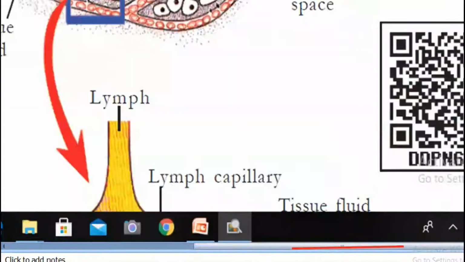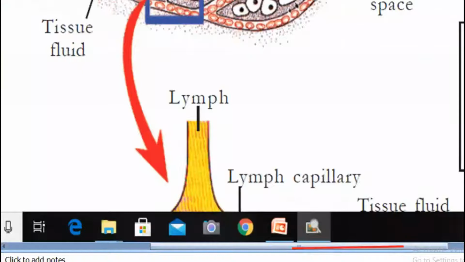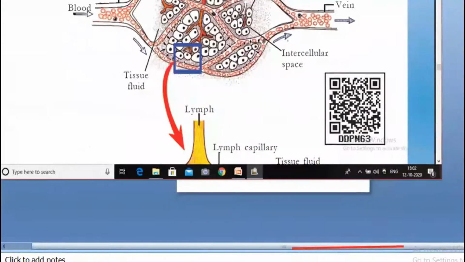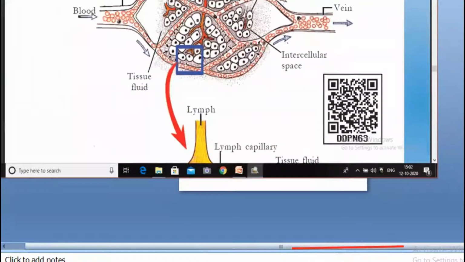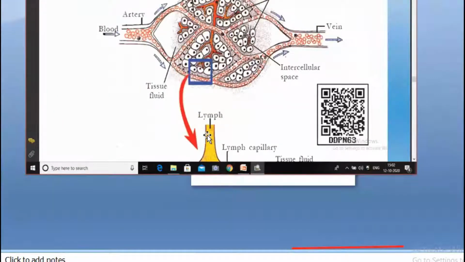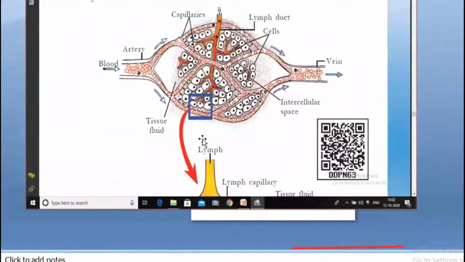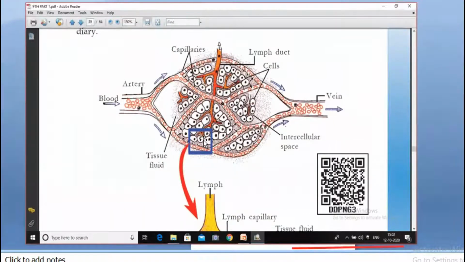The next content is formation of tissue fluid and its importance. Have you heard about tissue fluid? From where it is produced and what is its role, etc. We have to study.